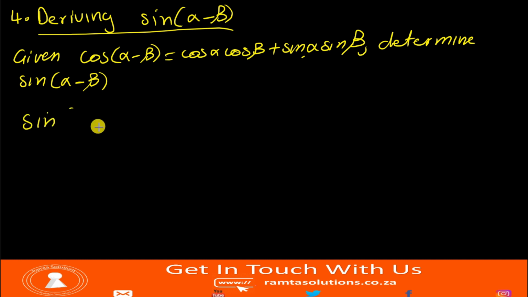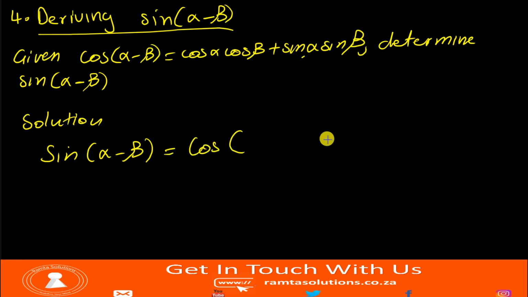So we will say sine alpha minus beta. That's our solution, by the way. Solution, I will say sine alpha minus beta. Remember, we are given a relationship of cosine and we must find sine. Remember, sine and cosine are cofunctions. So, this is interesting.